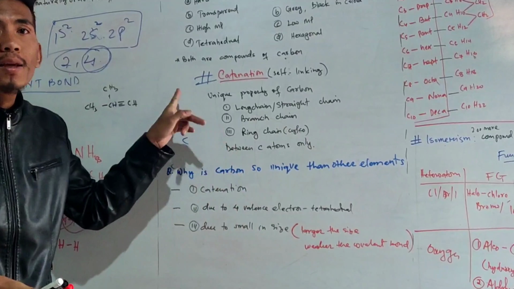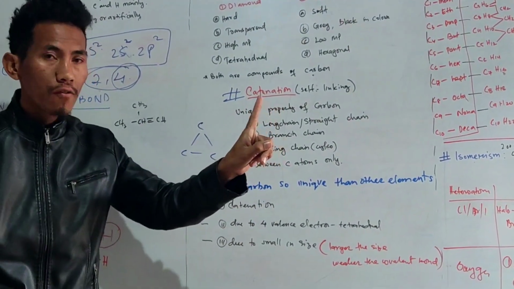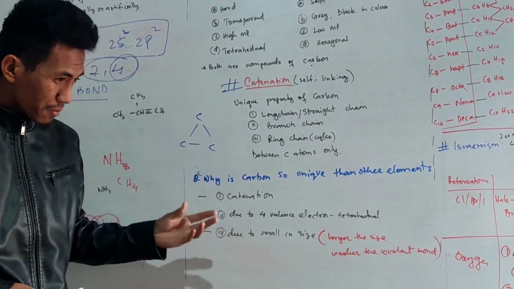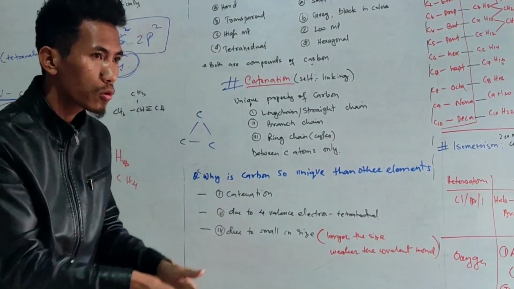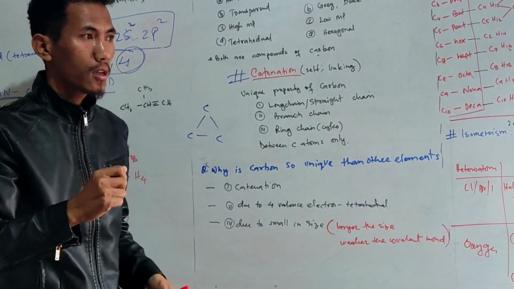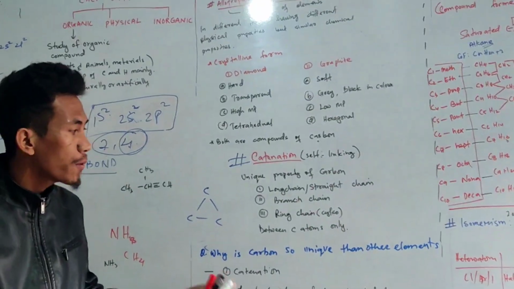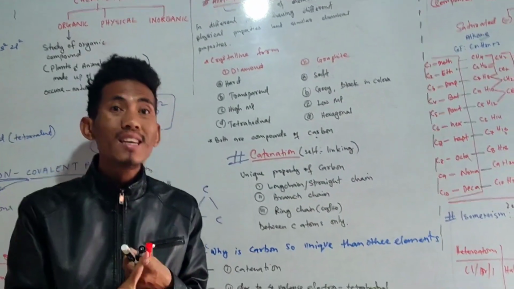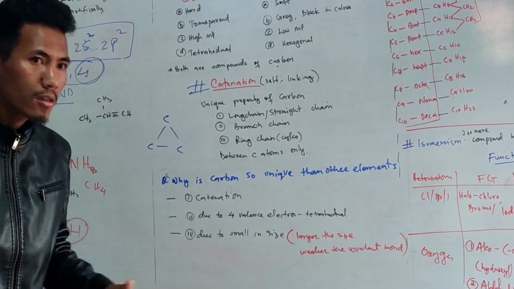If you look at the group 14 elements, you will find that carbon is the first family member. Down the group, as we said in chapter 1, atomic size increases. Carbon, silicon, germanium. Carbon is the first member, so carbon's size is smaller than the other elements. The larger the size, the weaker the covalent bond.